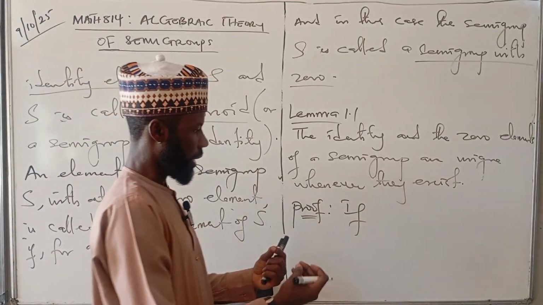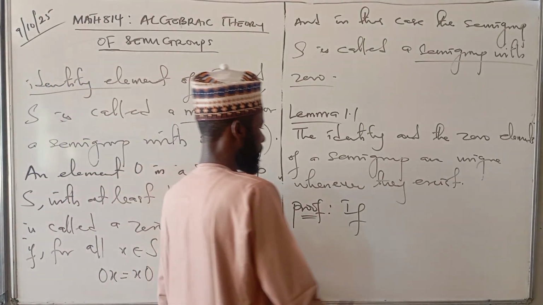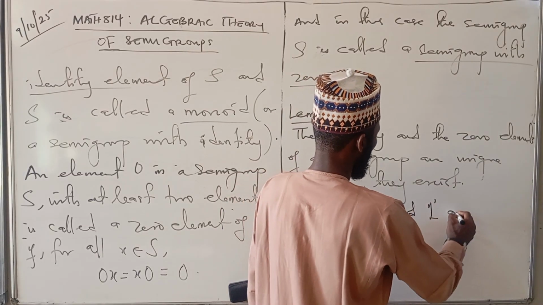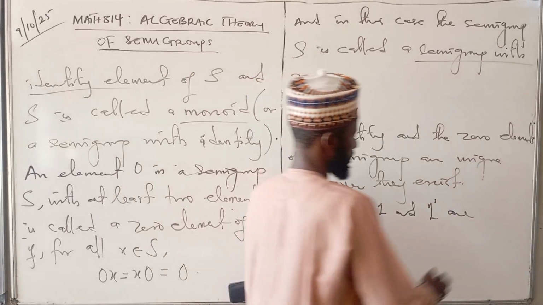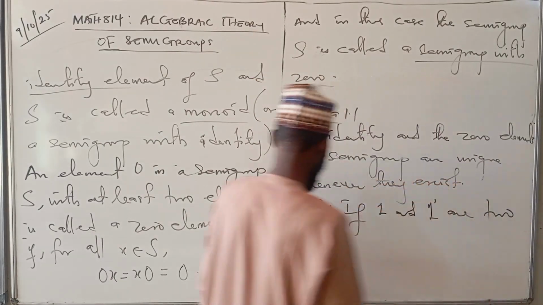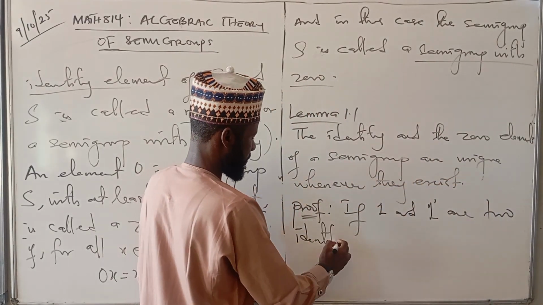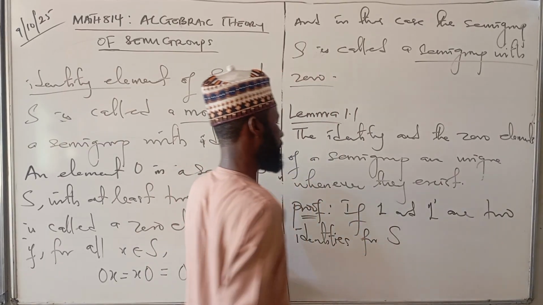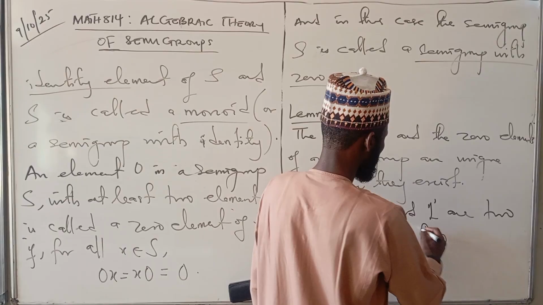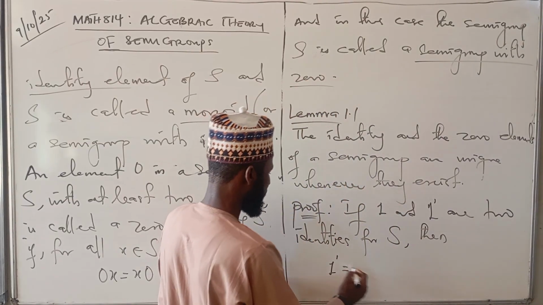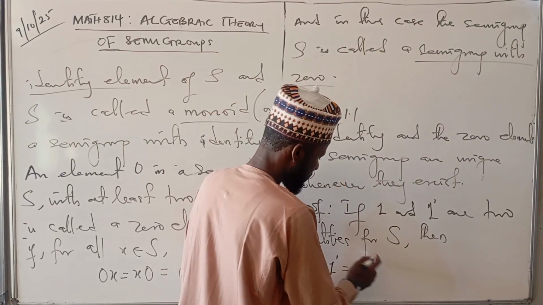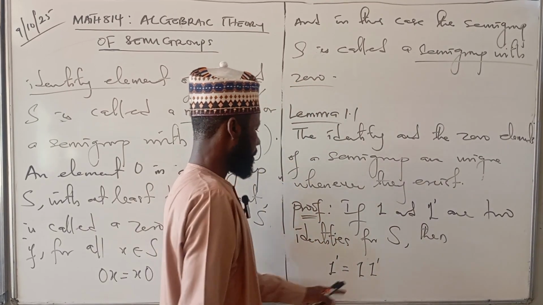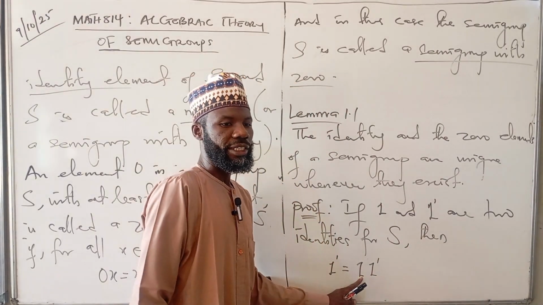If 1 and 1 prime are two identities for a semigroup S, then 1 prime can be written as 1 times 1 prime, because 1 is an identity.